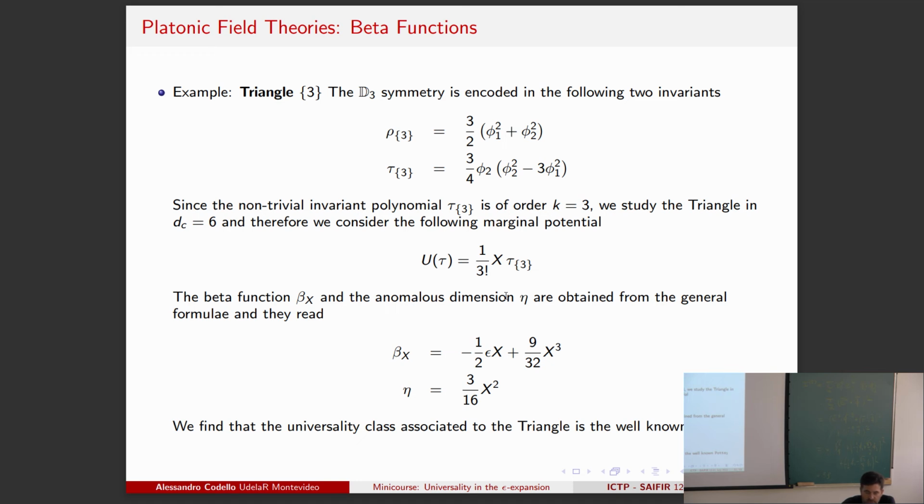We have a code in Mathematica like before, and we project out the marginal coupling in the anomalous dimension and solve for it. If we have a positive eta, a real fixed point, we say that there is a non-trivial universality class. And in this case, this is the three-state Potts model around the critical dimension 6.